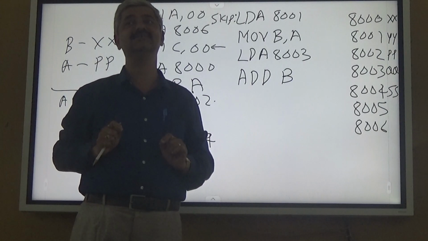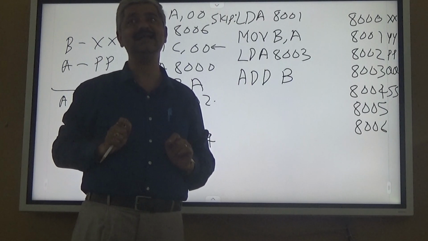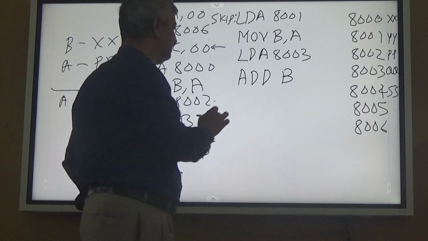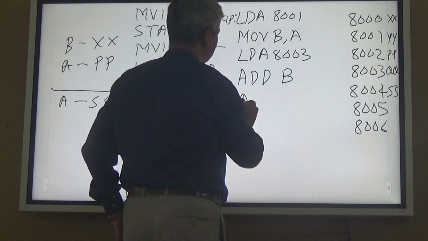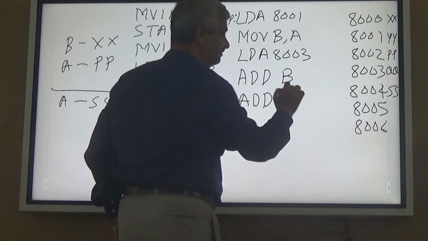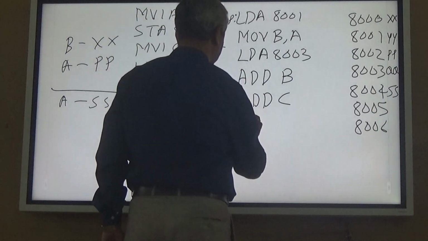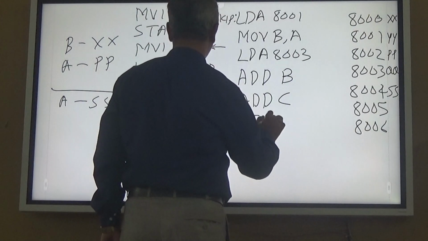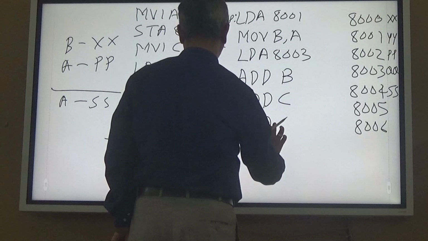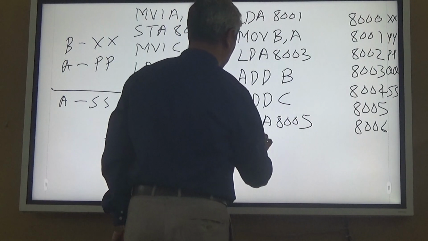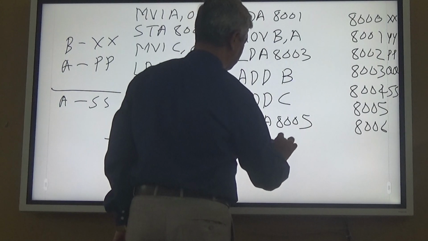In that, what is to be done? In that C is to be added. So can I do it like this? Add C here, add C, STA 8005, jump on no carry to ahead.